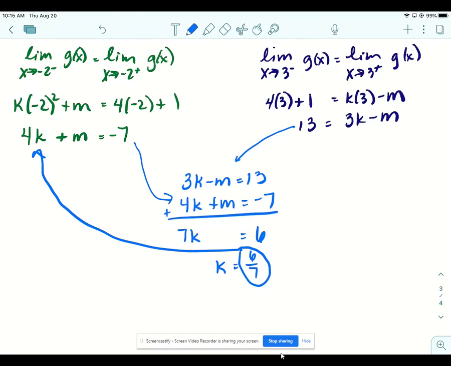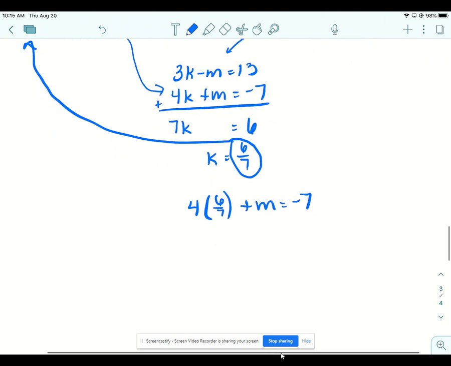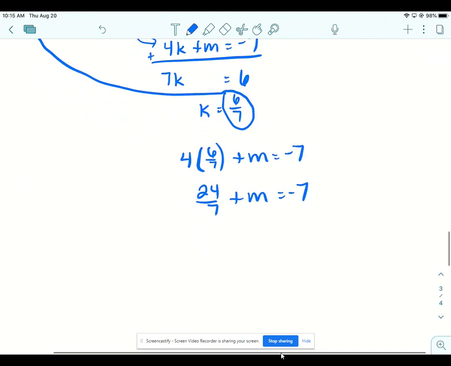All right, so that's going to be 4 times 6/7 plus m equals negative 7. All right, 24 sevenths plus m equals negative 7. All right, we'll subtract that fraction, which is not super fun, but it's not too terrible.